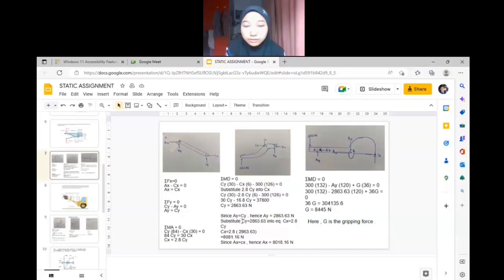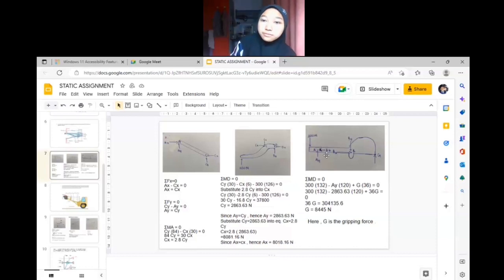To find cx, we substitute the cy that we found into the equation that we solved before, which is cx equals 2.8 cy, and then substitute the value, and we get the value. As we can see here, ax equals cx, therefore the value of ax is the same as the value of cx.